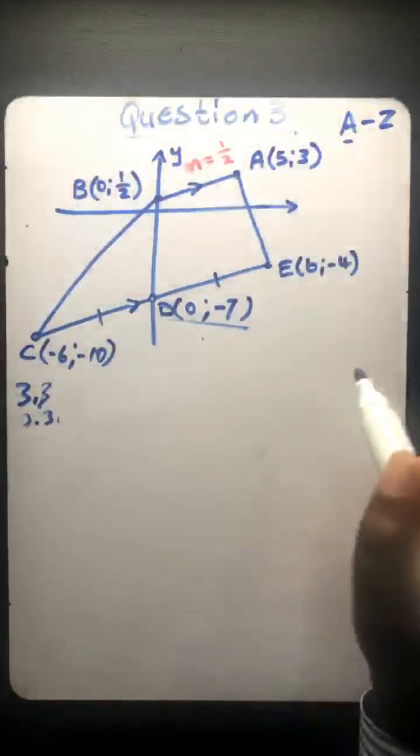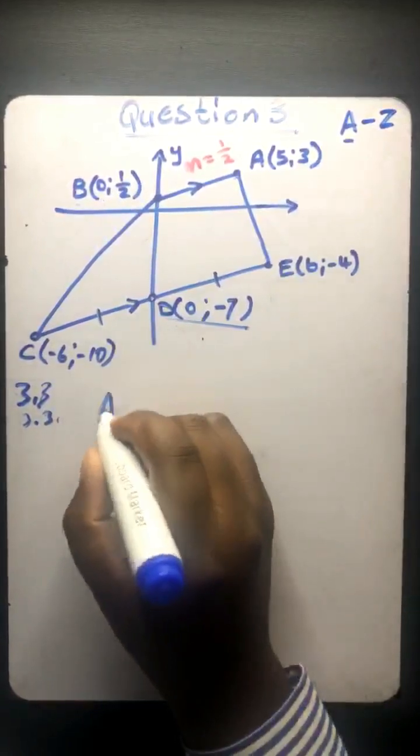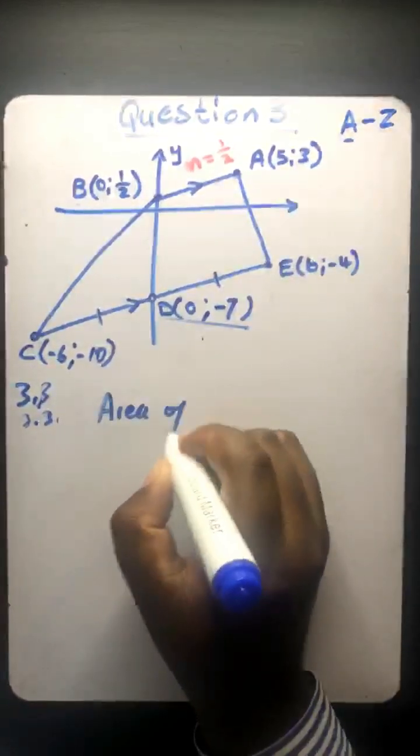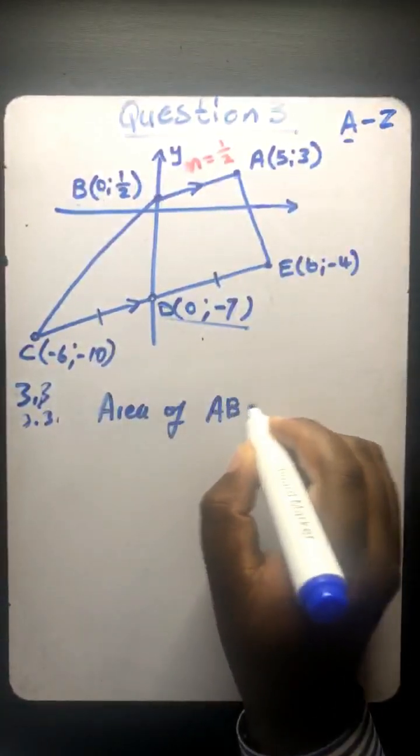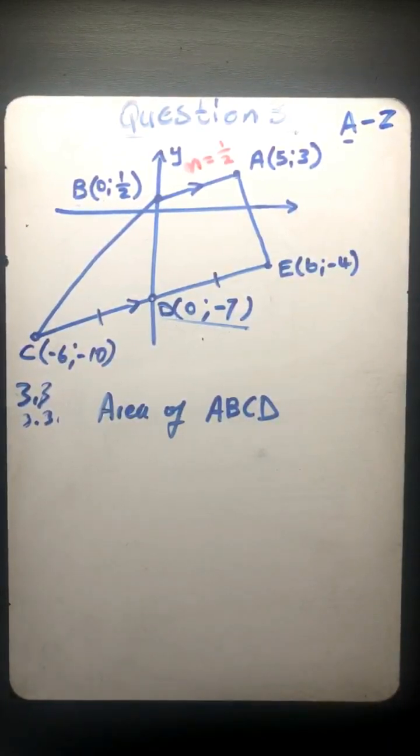So let's see. The next question says area of quadrilateral, let's say area of quadrilateral A, B, C, D. And they are going to give you 4 marks to just calculate that area.